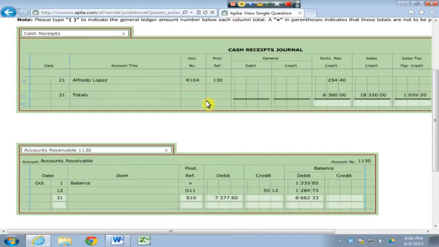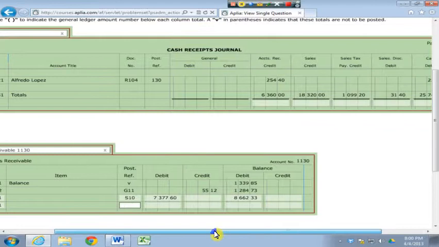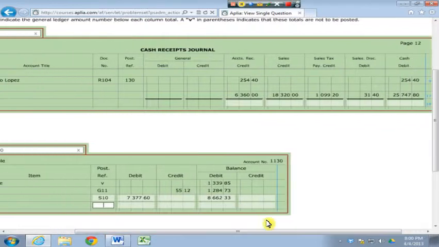And someone walk us through this one. Okay, we're going to record the date, which is the 31st. This is coming from CR12. It is a credit, so we're going to the credit column.